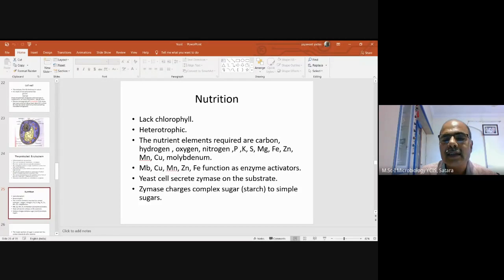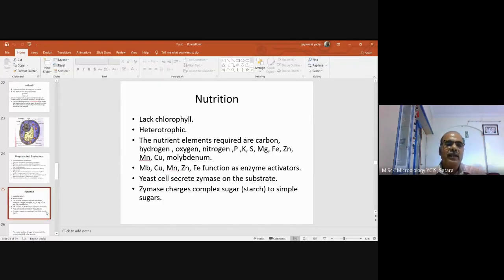Yeast cells secrete zymase, an enzyme. That enzyme acts on the substrate, and zymase changes complex sugar, starch, into simple sugars, and then this simple sugar is used by the yeast cell.